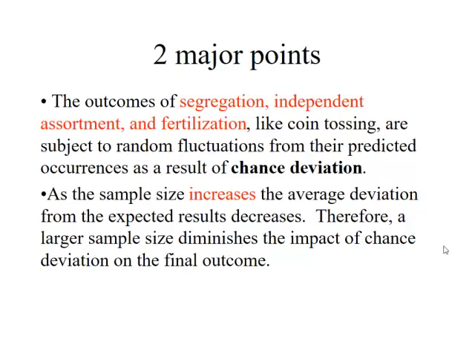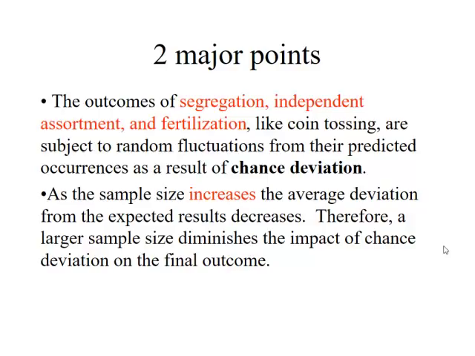There's chance deviation in genetics. Segregation, how alleles separate from each other and end up in different gametes. Independent assortment, fertilization, which gametes end up coming together. We try to account for this in things like a Punnett square or in an egg sperm chart, where we talk about all the different ways that different alleles could come together.